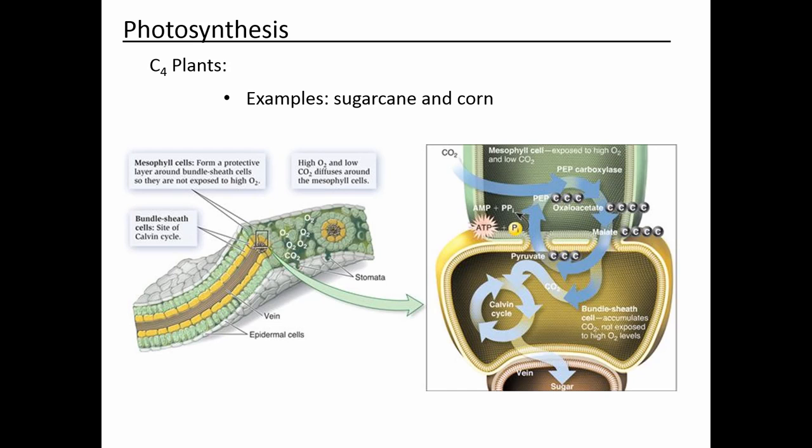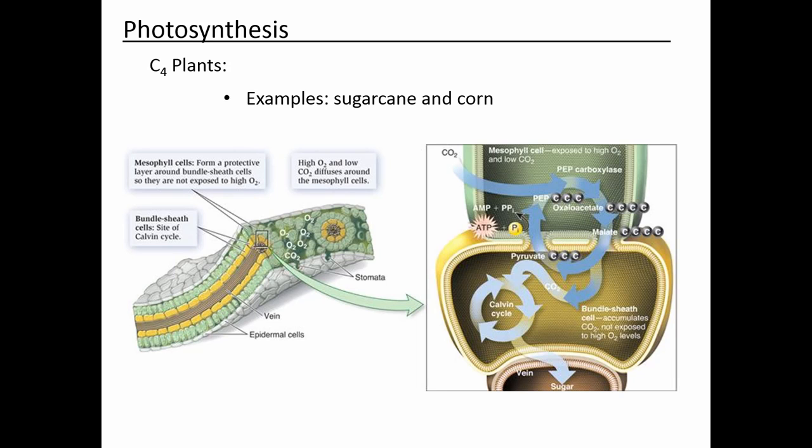In C4 plants, carbon dioxide enters the mesophyll cell and is attached to a 3-carbon molecule called phosphoenol pyruvate, which we'll just abbreviate PEP, unless you want to remember phosphoenol pyruvate. So you take carbon dioxide and attach it to phosphoenol pyruvate, and this produces a 4-carbon molecule.